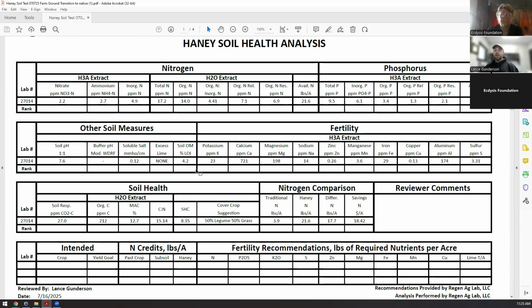So one of the ways you can prevent microbes from tying up nitrogen is by making sure they have food to eat. And if that food is already a good balance of carbon and protein, nitrogen, then they will be more than happy to continue to cycle nitrogen and not try to take it for themselves.